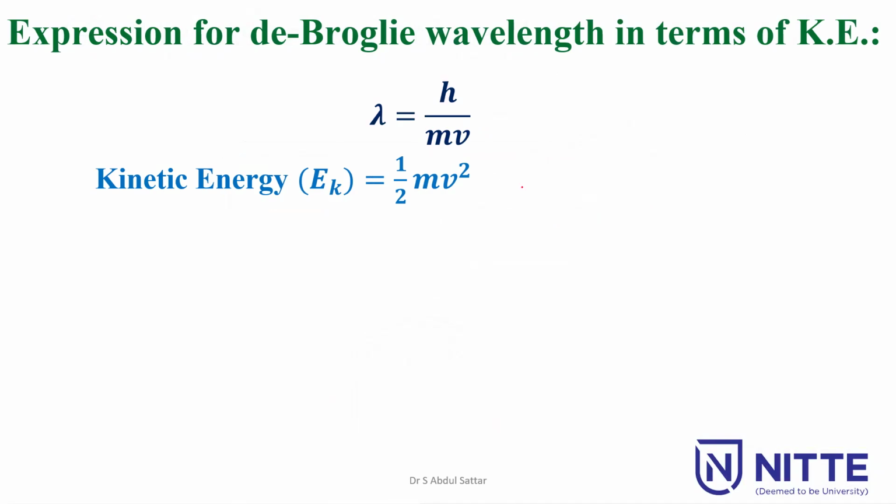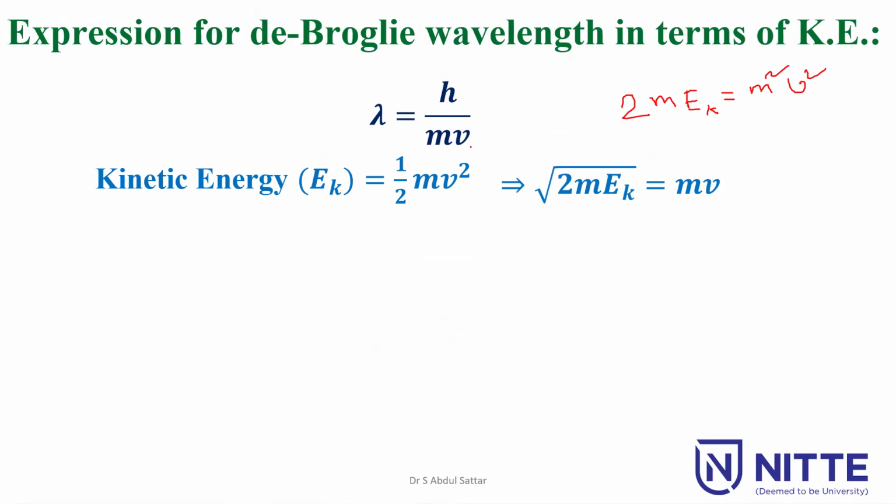So multiply both sides by 2m, then 2m into Ek, that is kinetic energy, equals m squared v squared on this side, as the 2 cancels. Then taking the square root on both sides, root 2m Ek equals mv.